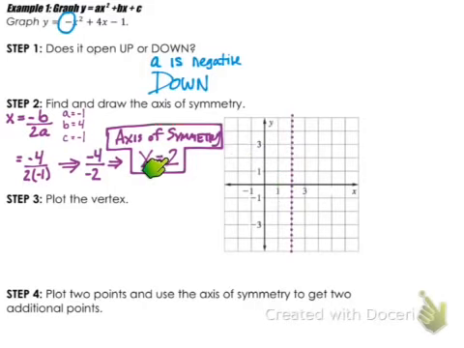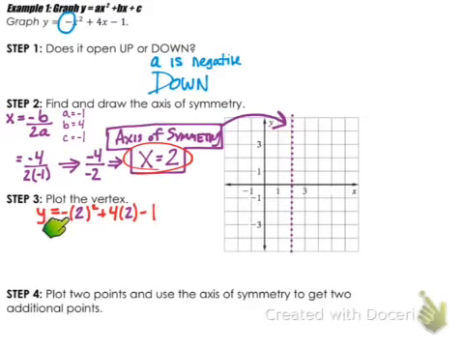To find the corresponding y, all we have to do is substitute 2 into the x of our equation. So y equals negative 2 squared, plus 4 times 2, minus 1.